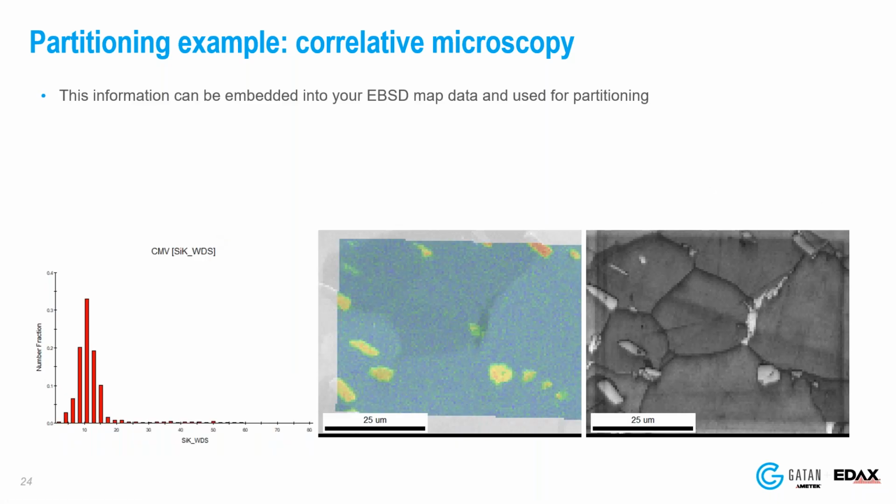So when I do that here, it's superimposed. So there's my external map. In this case, it was a WDS map with very low concentration silicon in these phases. There is my quantitative chart of this distribution. And what I can do now, if I want to select those grains, because in this example, they had the same structure as the matrix, I can just select the bright areas.